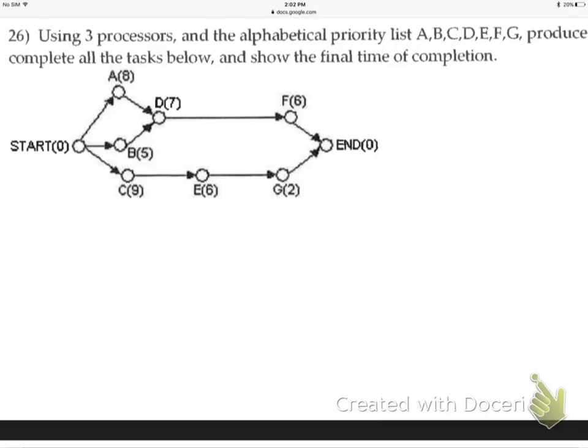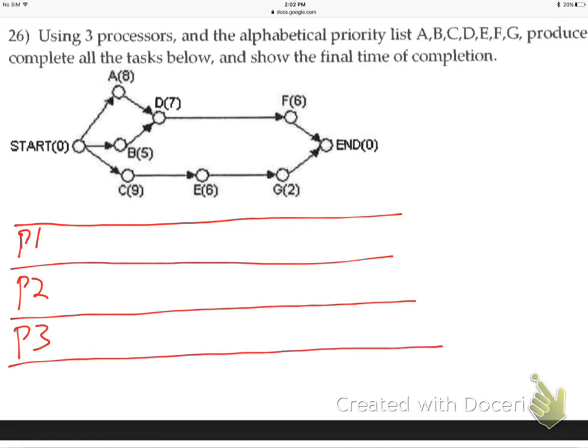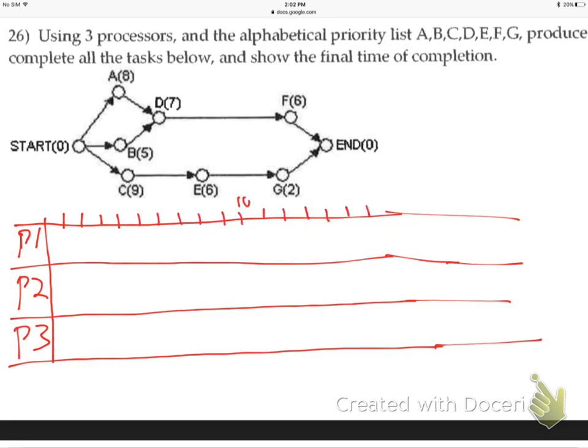Okay. 3 processors, alphabetical. Let's do it. So processor 1, processor 2, processor 3. So this is harder when you got 3 of these things. So I'm going to mark off the time. I don't know how much time. 1, 2, 3, 4, 5, 6, 7, 8, 9, 10, 11, 12, 13, 14, 15, 16, 17, 18, 19, 20. Hopefully that'll cover it. 20 will? 21 will, huh? All right.